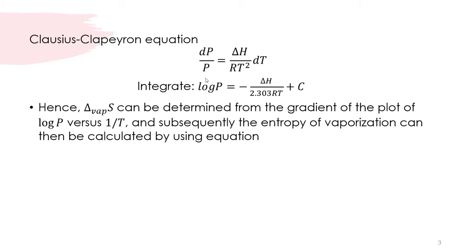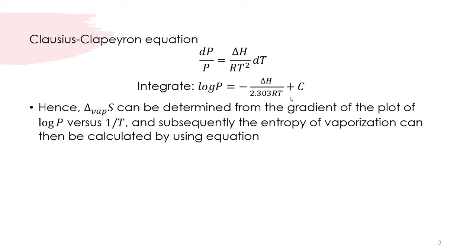So this divisor 2.303 is just the conversion of ln P to log P. Okay, so you see this value as a divisor or multiplier a lot in physical equations. It's because of the conversion of ln P to log P or log P to ln P. Okay, so there you go.